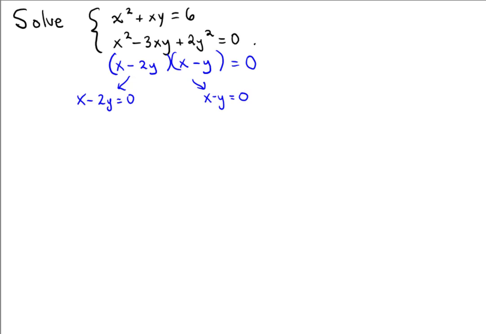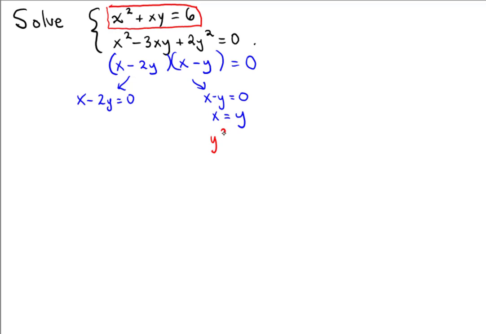Okay, so now pretend x minus y equals 0. This would mean that x equals y, and now we can take that x equals y and substitute that into the top equation. So in the top equation, if we pretend that x equals y, let's replace the x with y.